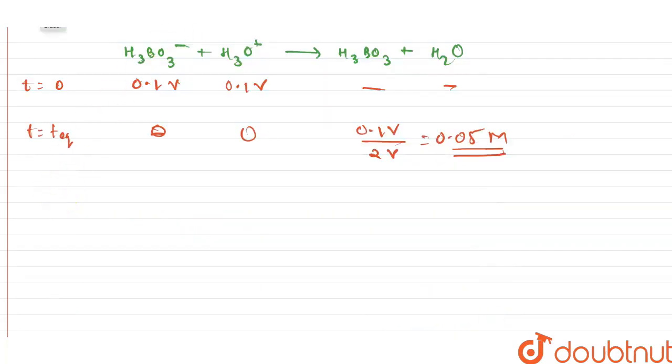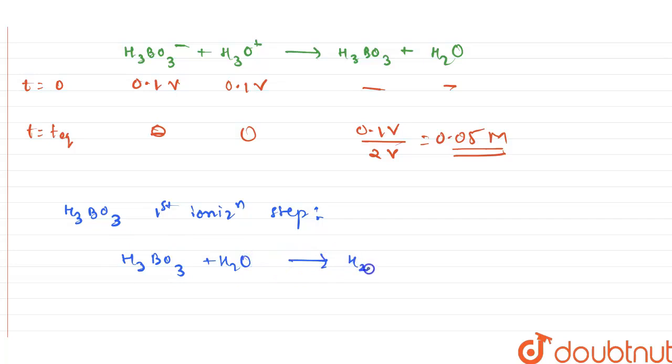To determine the pH, only the first ionization step of H3BO3 is important for us. The first ionization step is H3BO3 plus H2O will give me H2BO3 minus plus H3O plus.